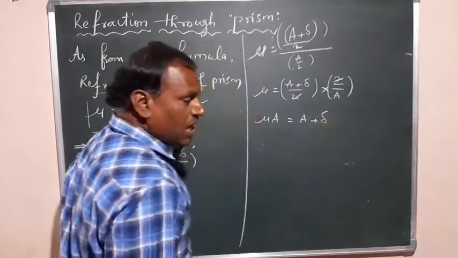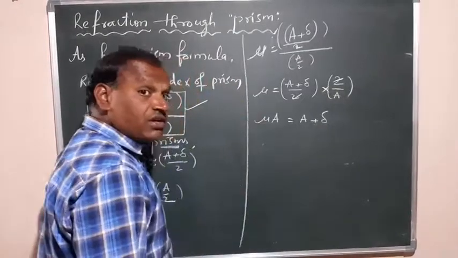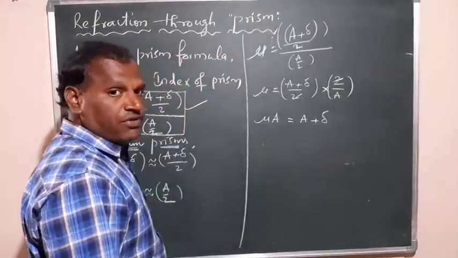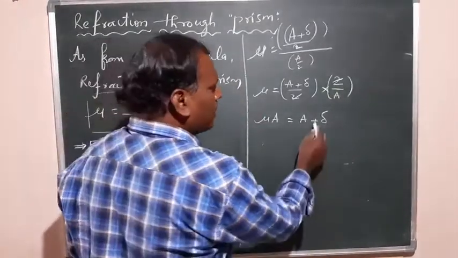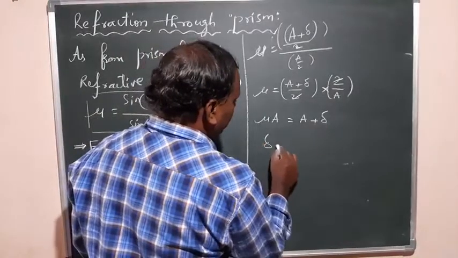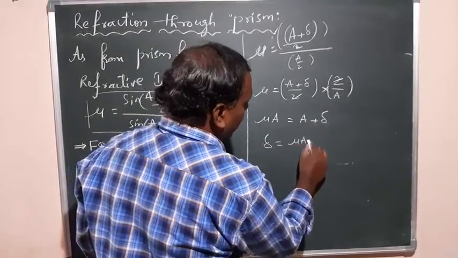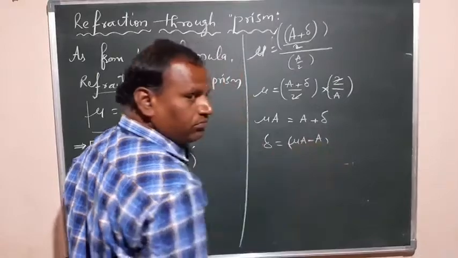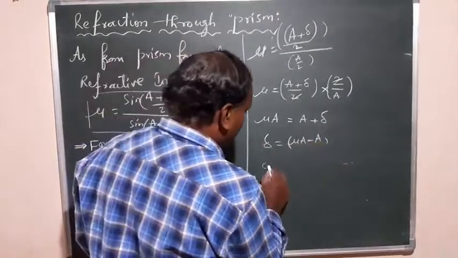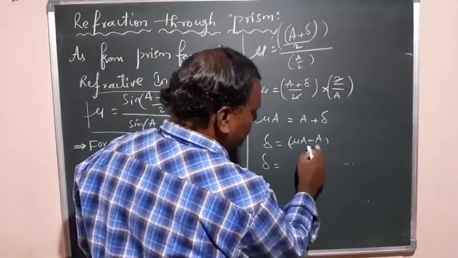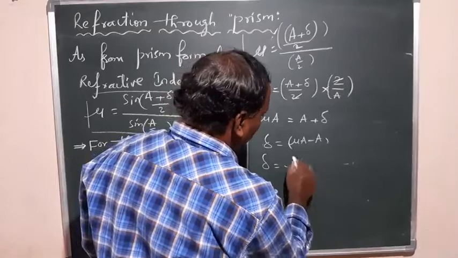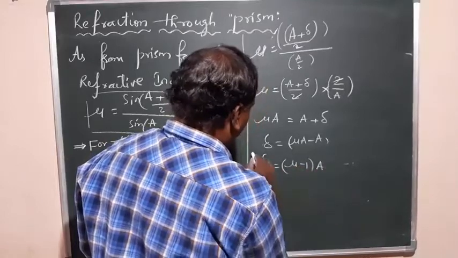I want to get the deviation delta, since which color takes more or less deviation depends on this factor. So deviation is equal to mu A minus A. Now A is common, so deviation is given by (mu minus 1) into A.